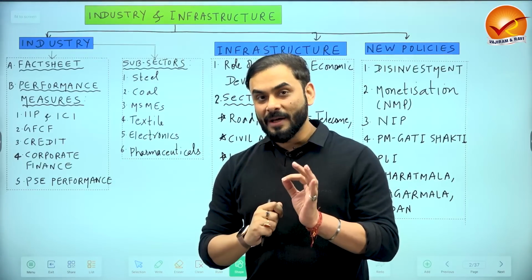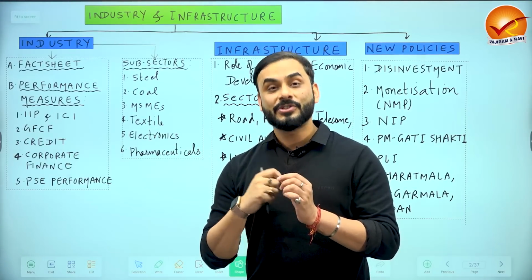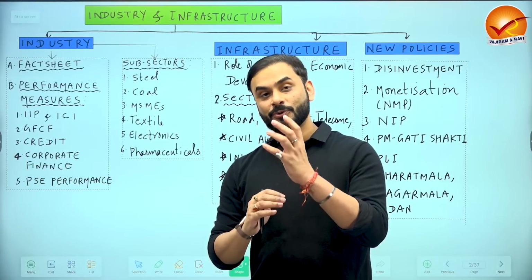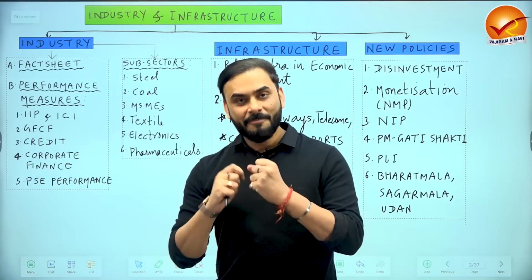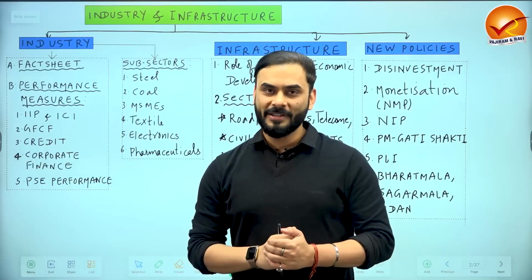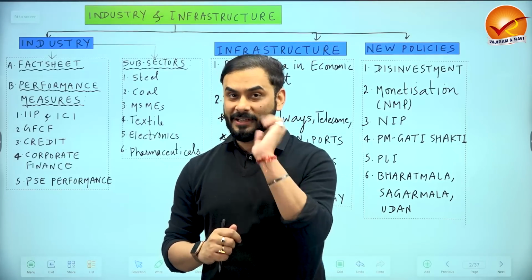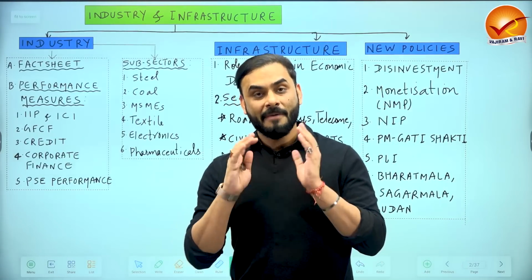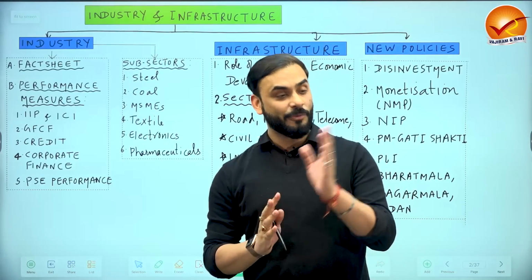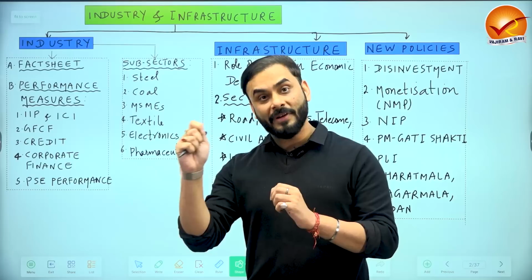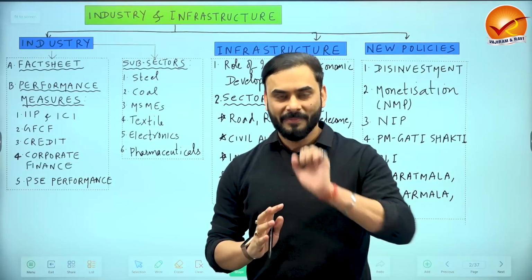So we are going to examine if India has lost out in that competition, or has India done something to remain in the game and become internationally competitive in the textile sector. We will examine the government policies in textiles. Then we are going to look into electronics. One of the ambitions of the government of India for so many years has been to convert India into a global hub of electronics. This was our dream.